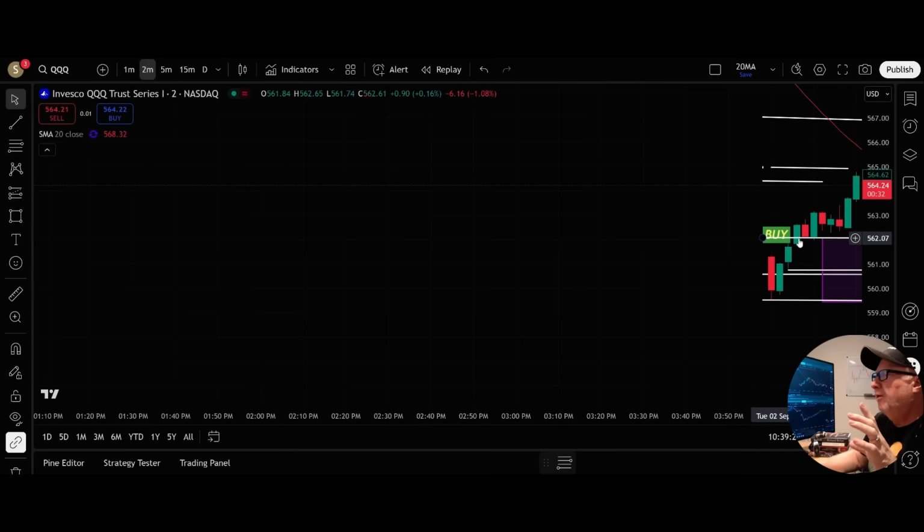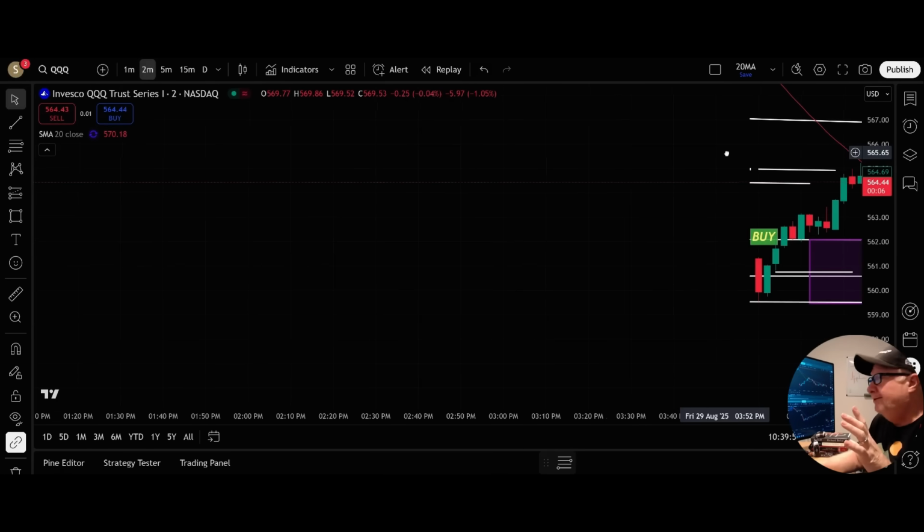And remember, I bought here around 936. And I said to my Discord group that 565 was doable in the Qs. The reason I was looking for 565, which is this line here, as a target is a little bit of geometry.